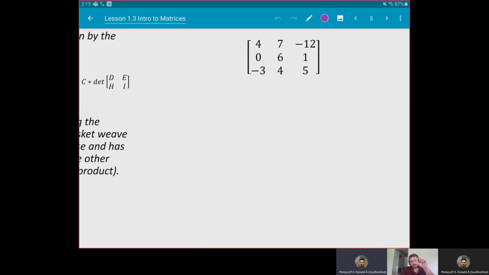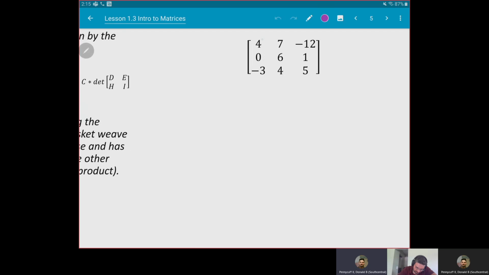The reason is that doing it by hand will help you a little bit more on your engineering tests. For your test to become an engineer, you're not really allowed to use a calculator, and very few scientific calculators actually have matrix buttons. Some do. So if you find one of those, great, but not all of them. So I will show you how to do this one by hand.